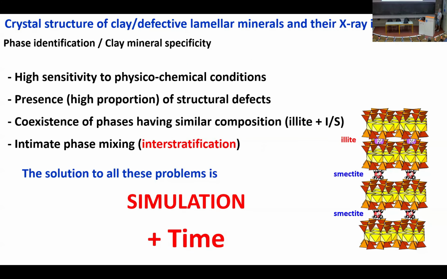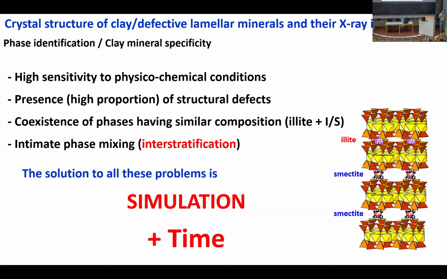We also have, in a lot of cases, coexistence of phases with rather similar composition. You may think about coexistence of discrete illite and I-S minerals. We have what we call interstratification, coexistence within the same crystals of different layer types with different layer-to-layer distance. You can recognize here mica-like layers and expandable layers.